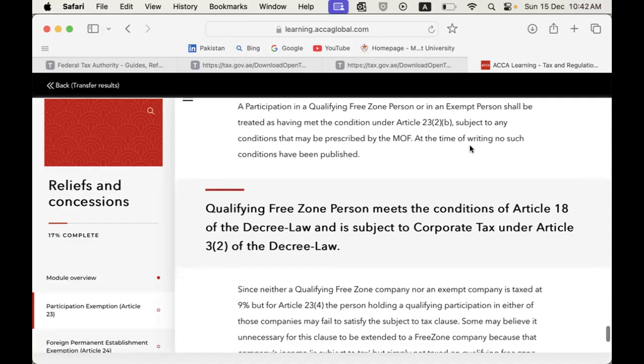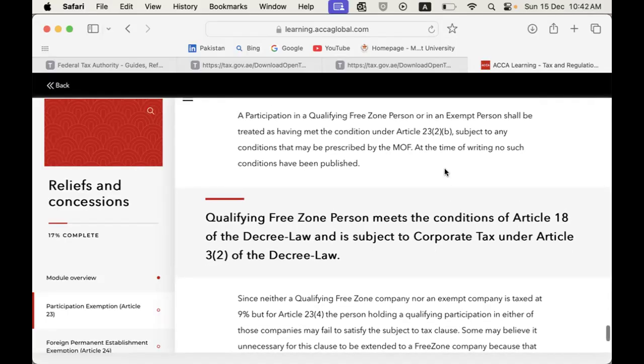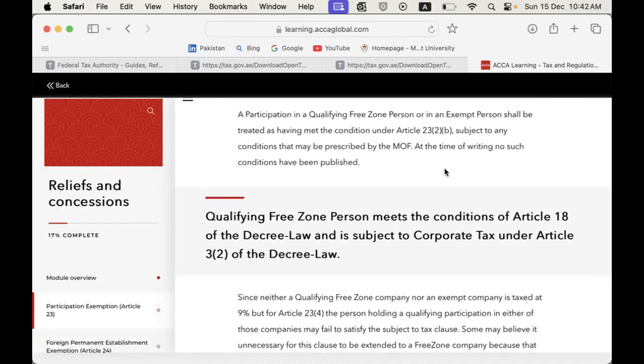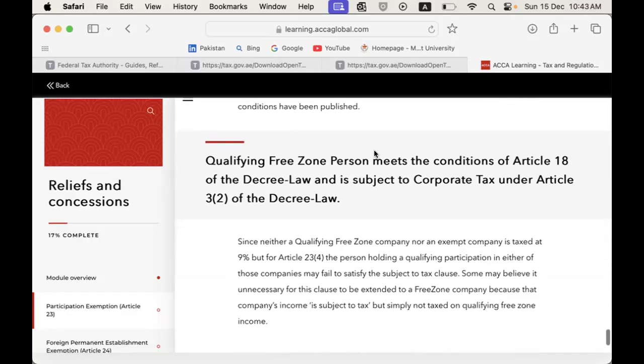Okay, perfect. So one foreign company may invest in a UAE qualifying free zone person. Since a UAE qualifying free zone person is not paying any tax as such, the intention of this provision is that it will still qualify for this participation exemption.